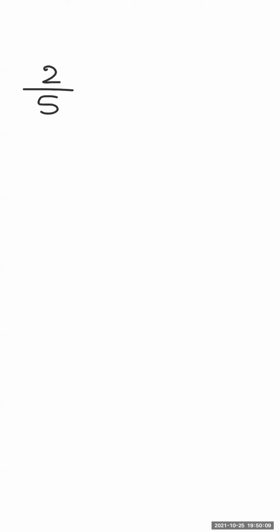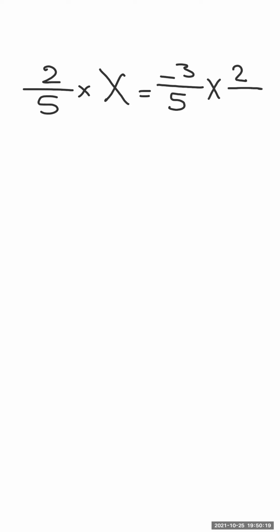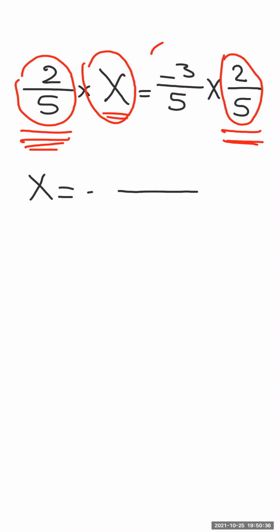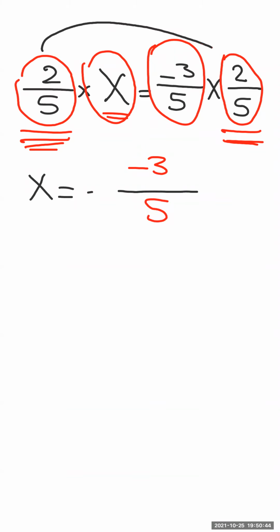Now the next question: if 2 over 5 times x equals negative 3 over 5 times 2 over 5, then x will equal what? It's very simple. The 2 over 5 is here and here, so of course x will equal negative 3 over 5, because this one is equal to this one.